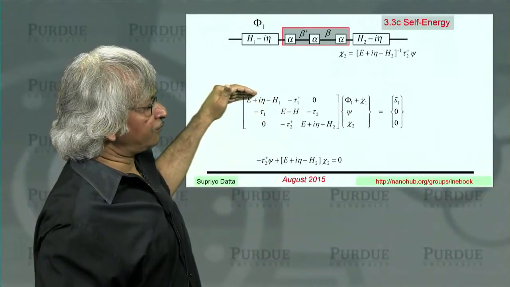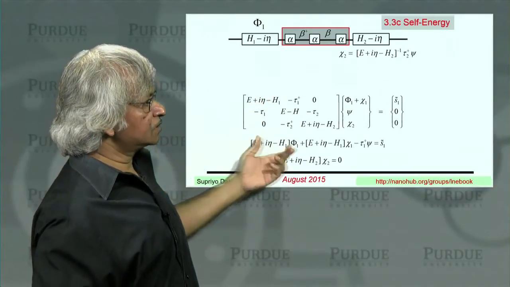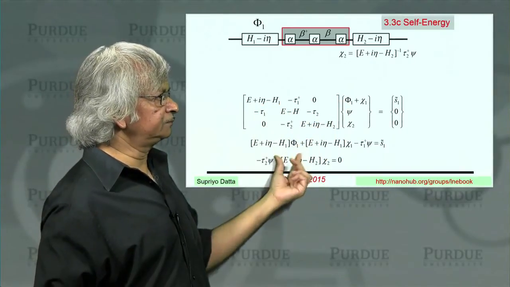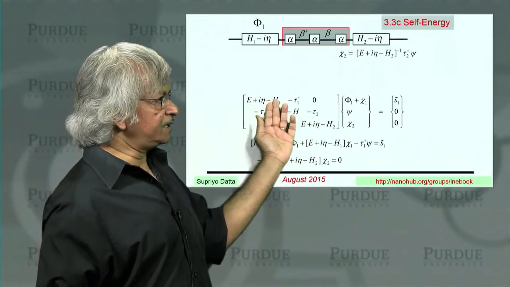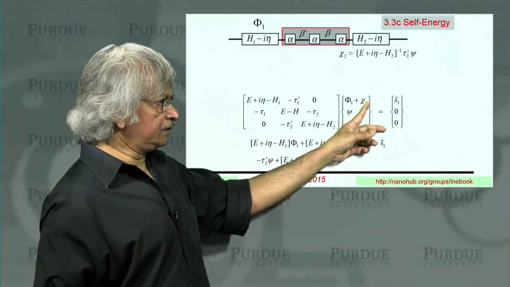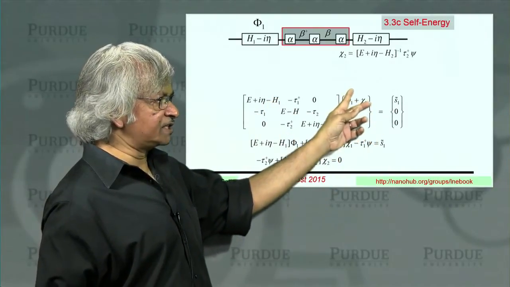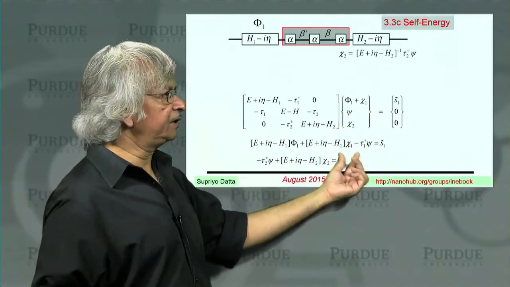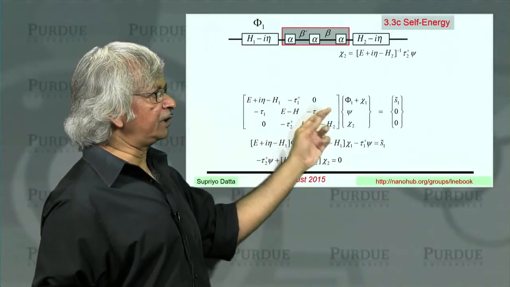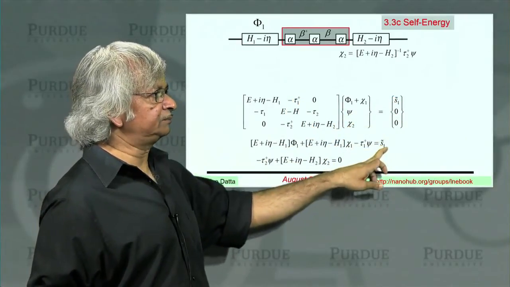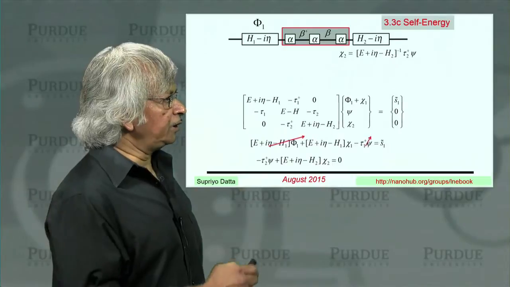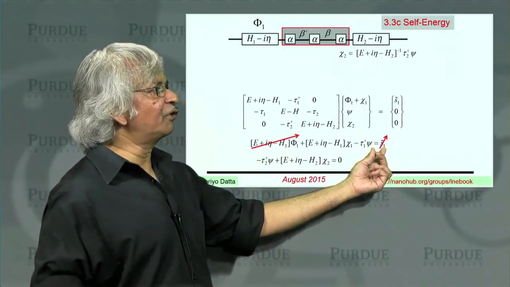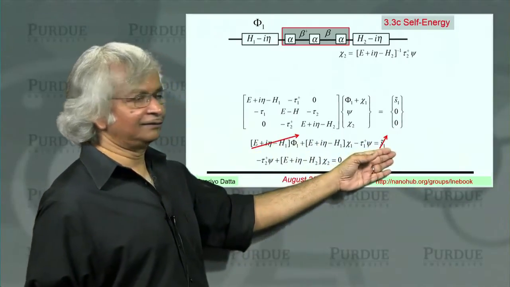Next we'll look at the first equation. That first equation is E plus I eta minus H1 times phi 1 plus E plus I eta minus H1 times chi 1. This is kind of what was there before we connected, and this is the additional part after we connected. And then minus tau 1 dagger psi is equal to S1. Now we note that this is equal to that, because before you connected things, that's what you had.